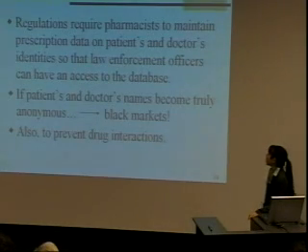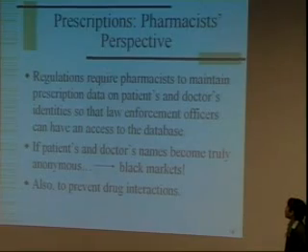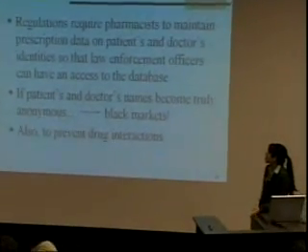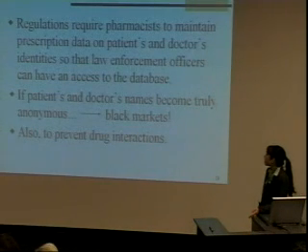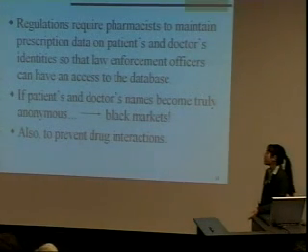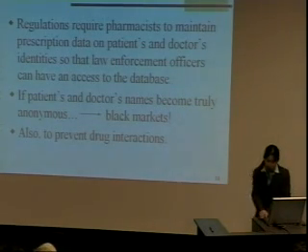From the pharmacist's point of view, pharmacists are required by law to collect data about patient and doctor identities, so that in case of a legal investigation, a law enforcement officer can know who wrote the prescription to whom.